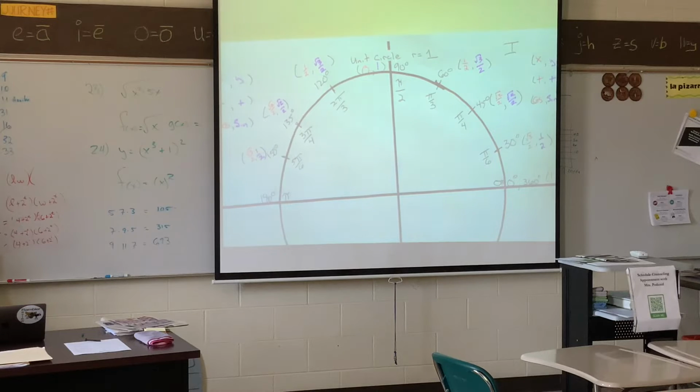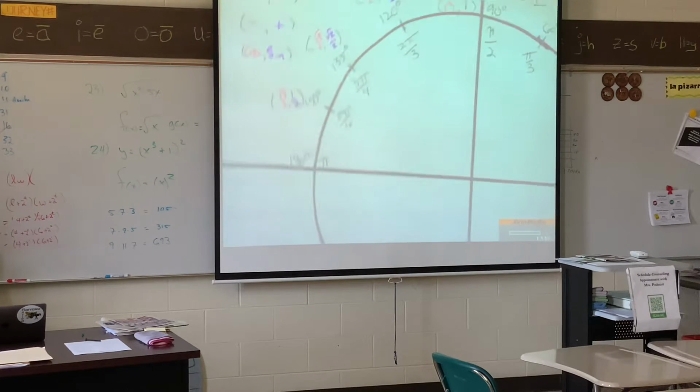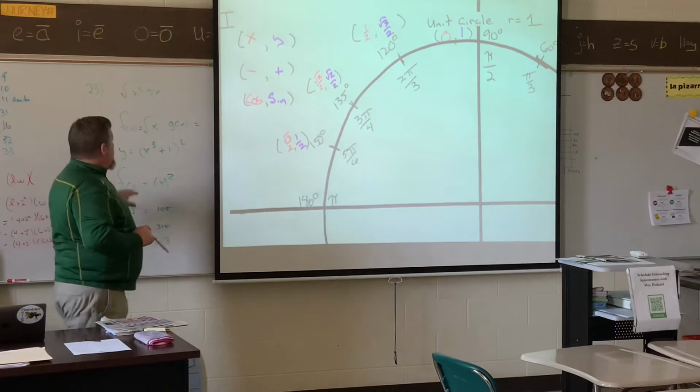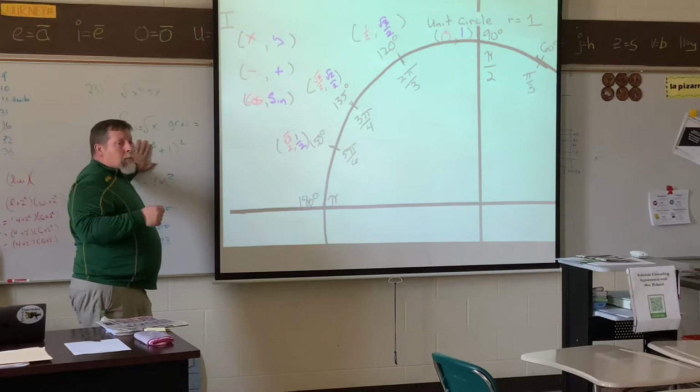Now, Bracken, what does the red tell me in this quadrant? What's negative?